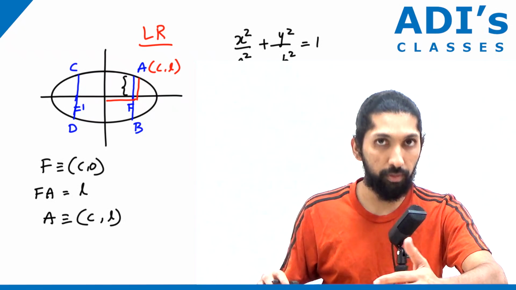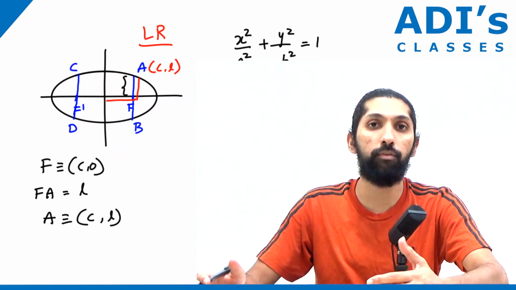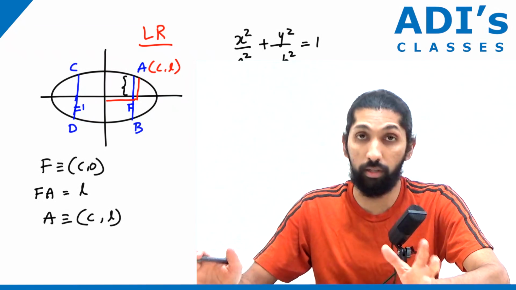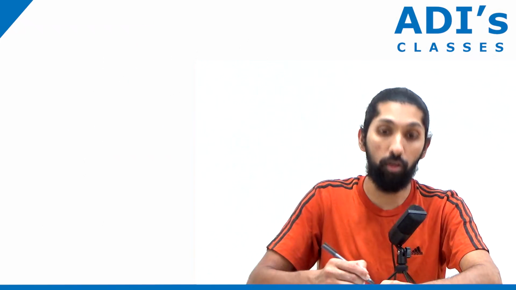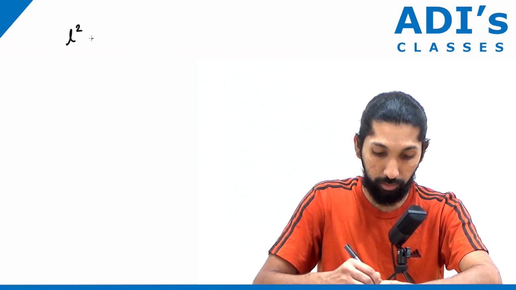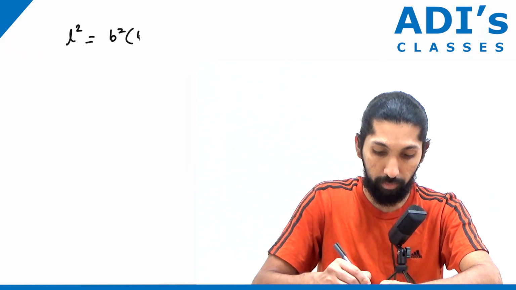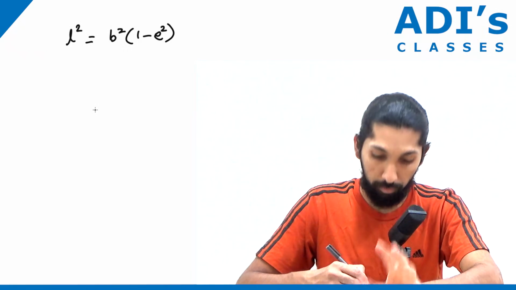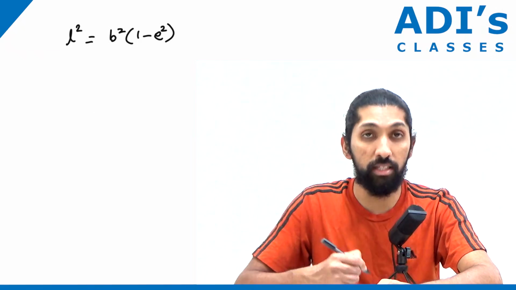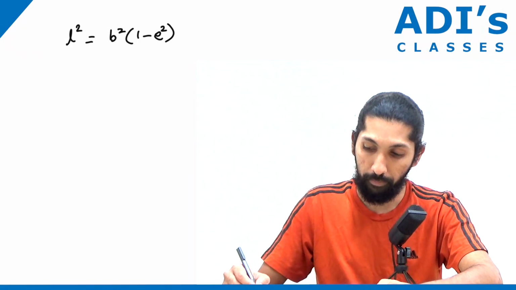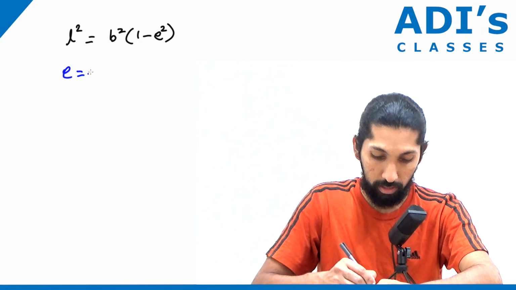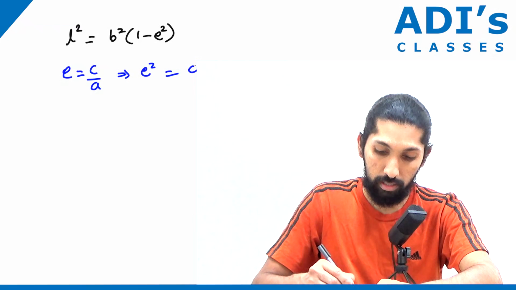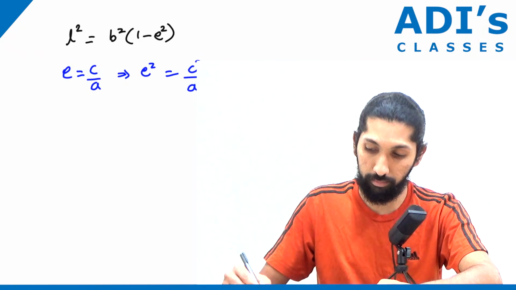Okay, now we need to simplify this a little further. Of course, we have to take the root, isn't it? But before taking the root, we'll figure out what can be done here. What we got was L square is equal to b square into 1 minus e square, isn't it? Now, e square is present. But what is e? e is equal to c divided by a, or e square is equal to c square by a square, isn't it?